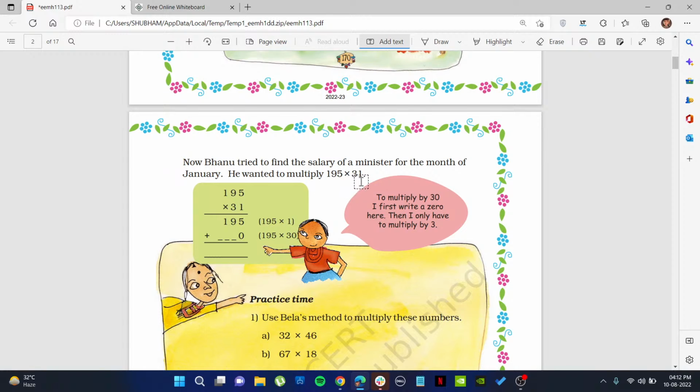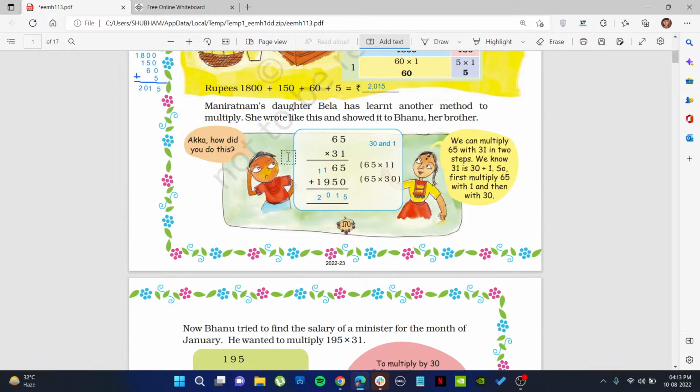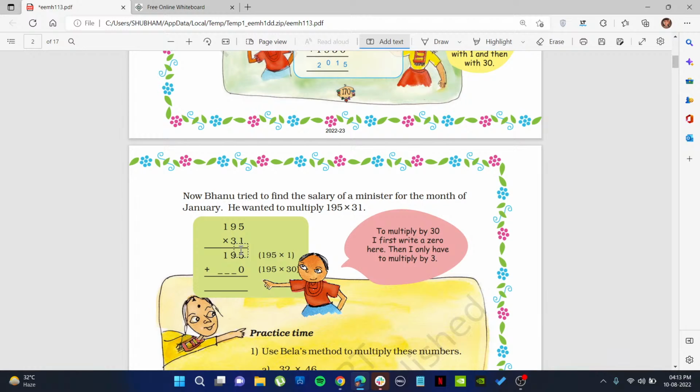Why with 31? Because we have to calculate for the month of January, in which there are a total of 31 days. So let's do it together and let's see how much we will get on multiplying 195 with this 31 by following the same method which we have learned here. So here also 31 comprises 1 and 30.